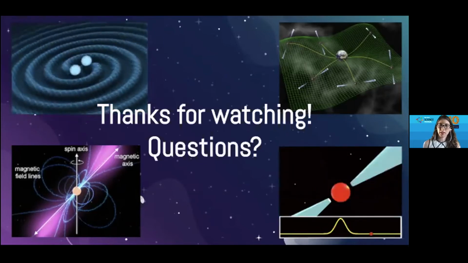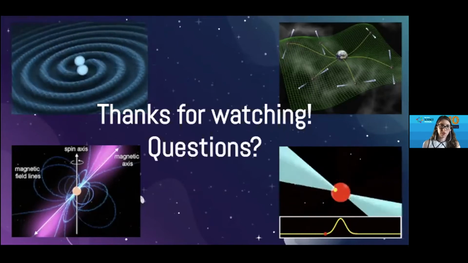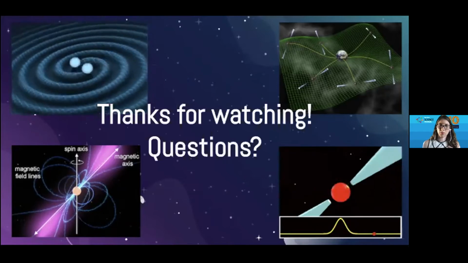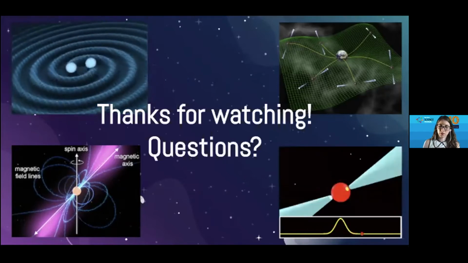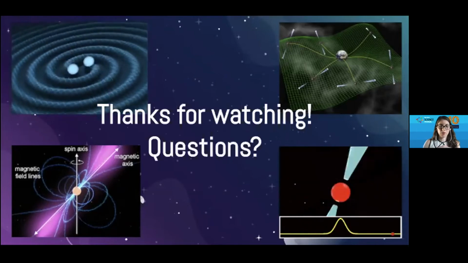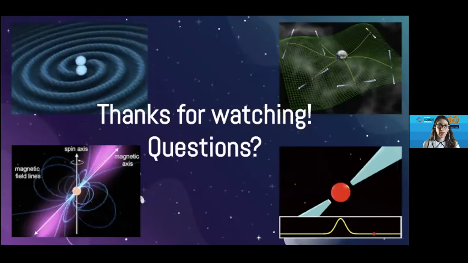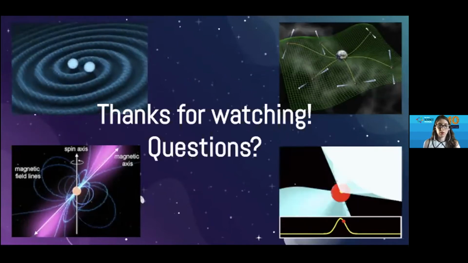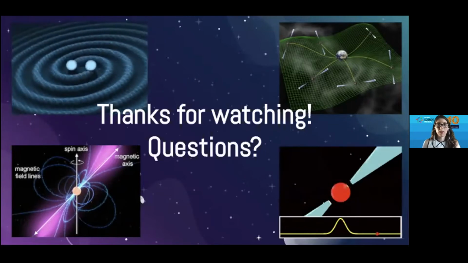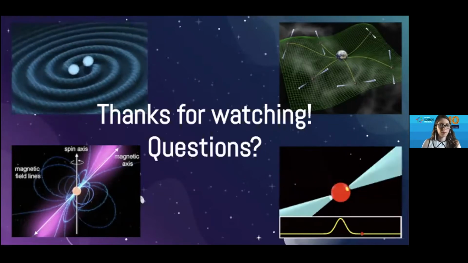They're not very frequent, but they're small changes in the rotation, and we think that's because the neutron star is undergoing some sort of contraction on itself. You don't really see that with millisecond pulsars for some reason, but you see it with pulsars with longer periods. And so we tend to use millisecond pulsars for timing rather than longer period pulsars.